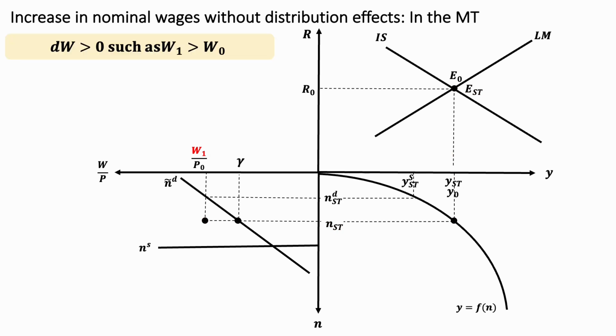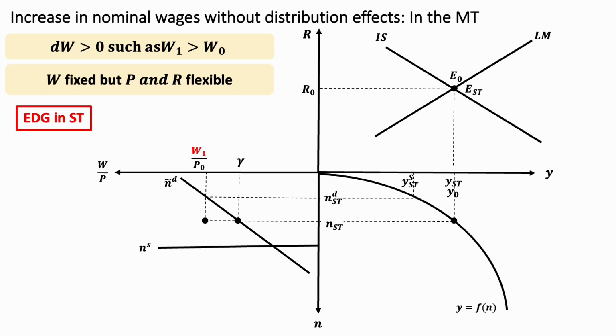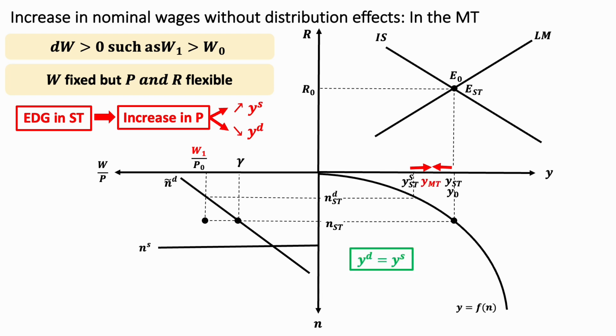In the medium term, prices become flexible while the nominal wage remains fixed at its new value, W1. In the short term, we ended up with an excess demand of goods, which means that prices will increase, which will push the supply up and push the demand down through the indirect channel of the interest rate.